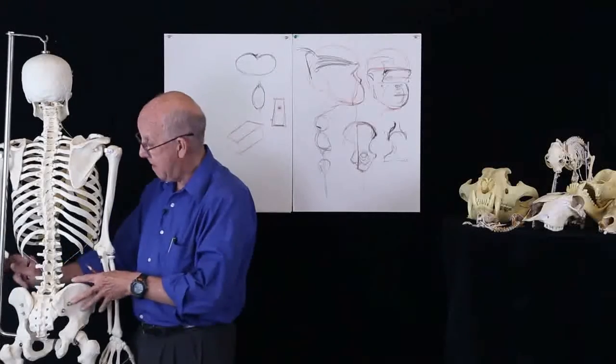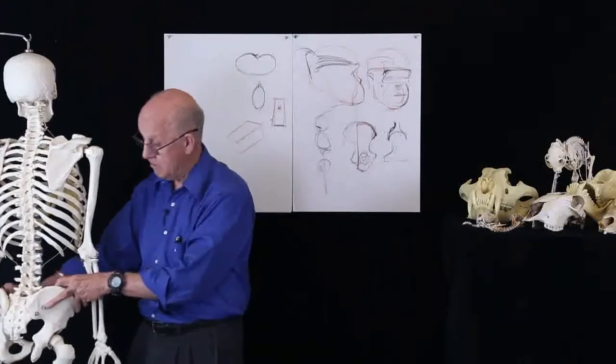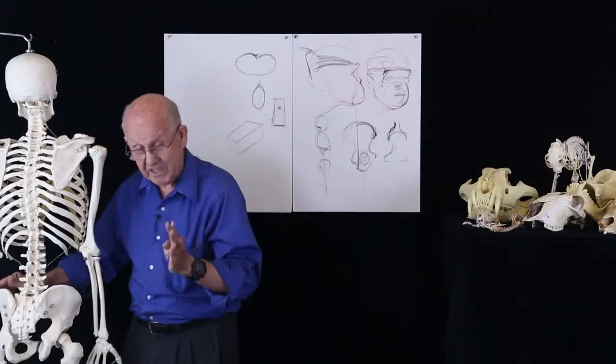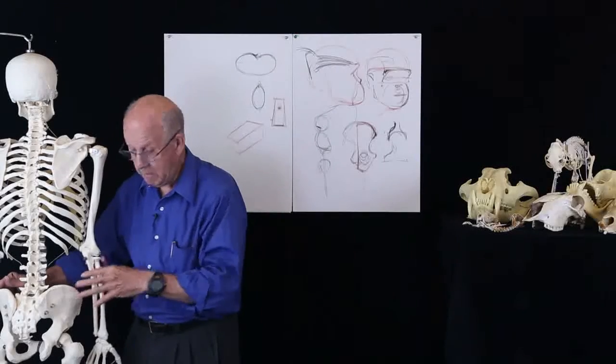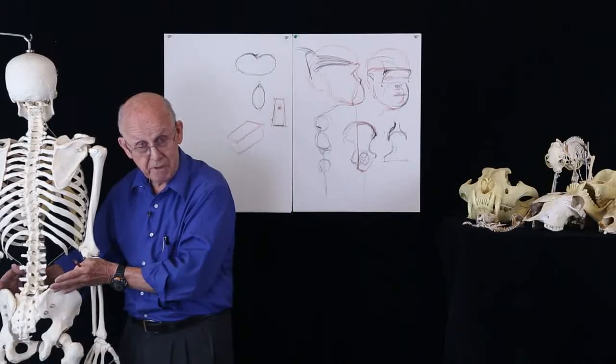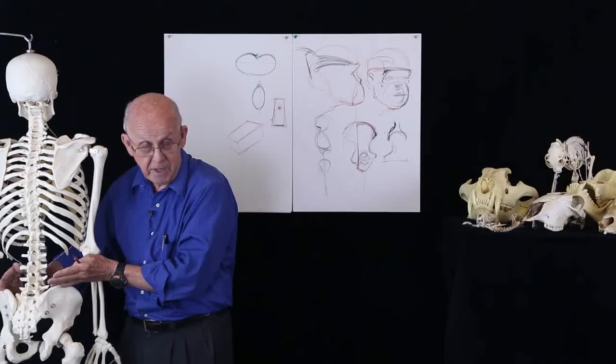So generally, not in any biological sense, what I roughly classify animals as when I'm teaching are those that have very broad pelvises and those that have very narrow pelvises. Hippos and rhinos have very broad pelvises.